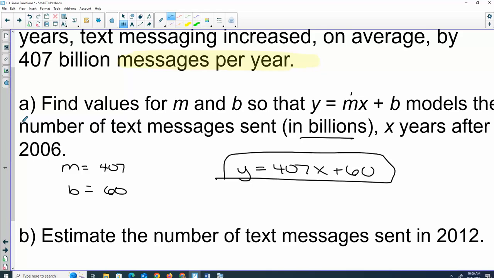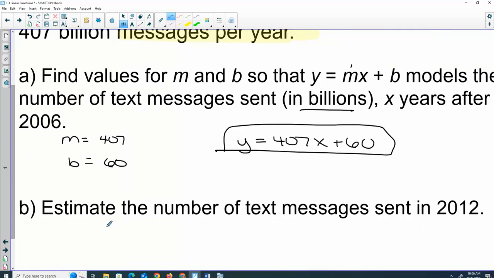So the next question. If I were to know the number of text messages sent in 2012, my number of messages is my y, that's what I'm trying to find. So I need to know what number to use for x.